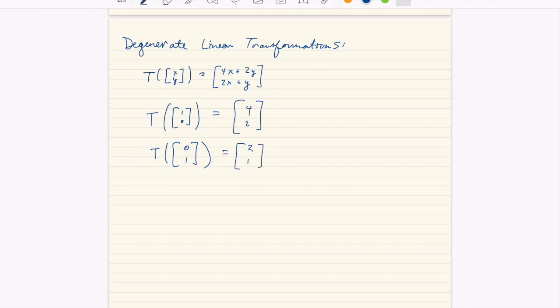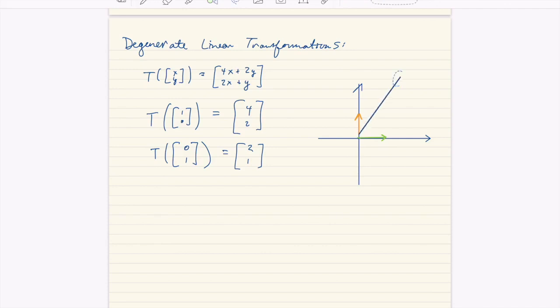And so if we were to graph this, if we were to have our normal Cartesian plane, we would have our vector (1, 0) and our vector (0, 1). And (1, 0) would be sent to the vector (4, 2). I'm just going to estimate here, but that's roughly going to look like (4, 2).